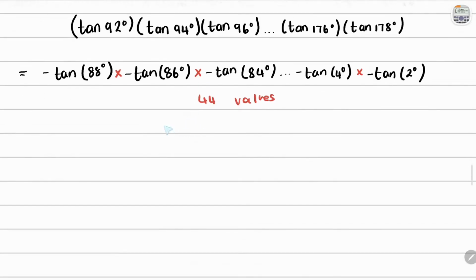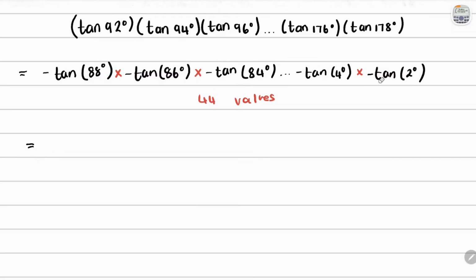If you have negative 1 times negative 1, it gives you a positive 1. If you multiply it 3 times, it will give you negative 1. But the minute you multiply it an even amount of times, it gives you a positive. So we are multiplying something that is negative 44 times. So at the end of the day, it's going to give you a positive number. So this ends up becoming positive.